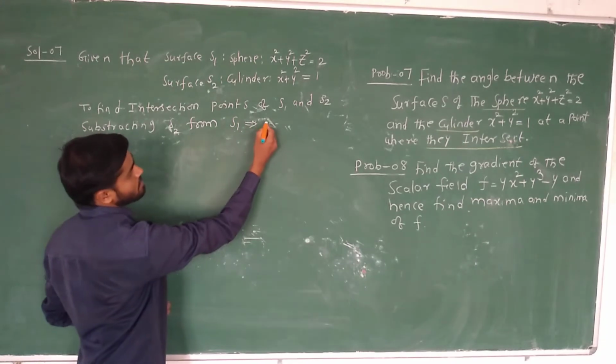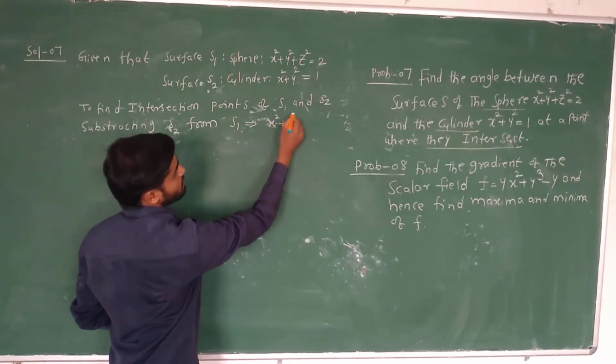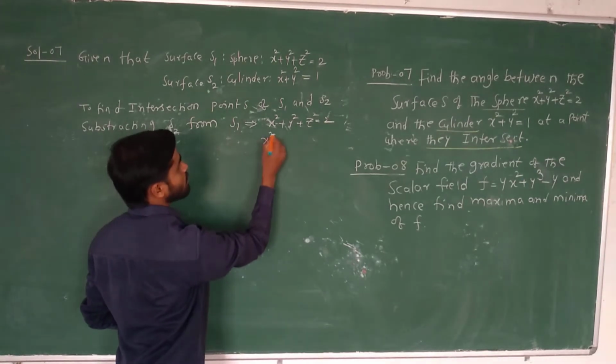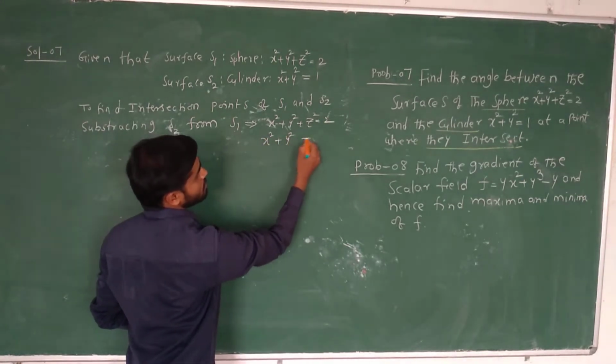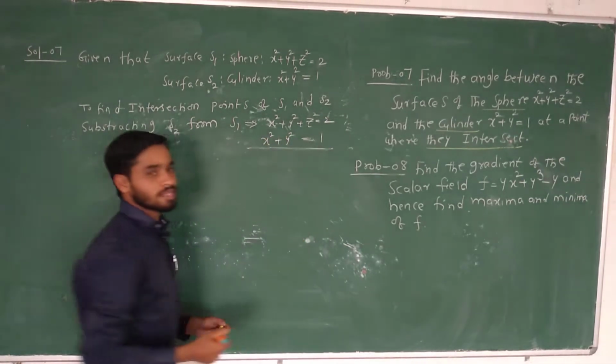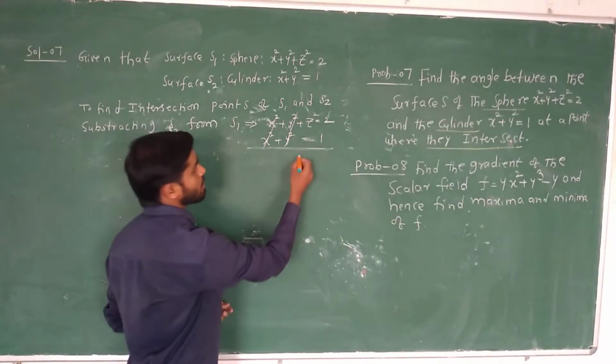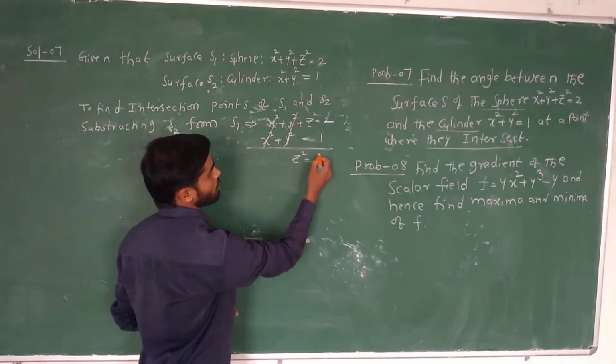That implies x square plus y square plus z square minus x square plus y square is equal to 2 minus 1. By subtracting, x square and y square cancel out, and we remain with z square equal to 1.